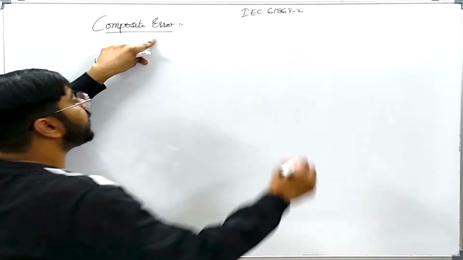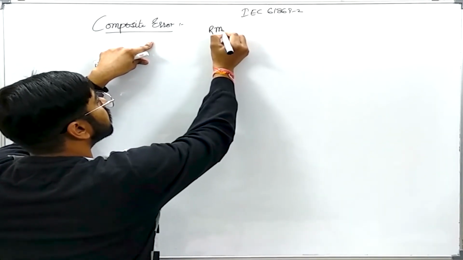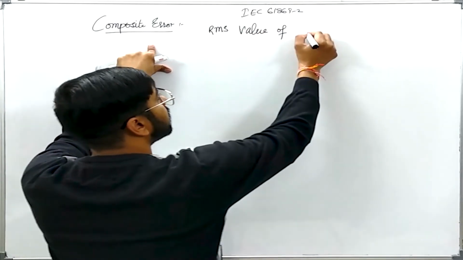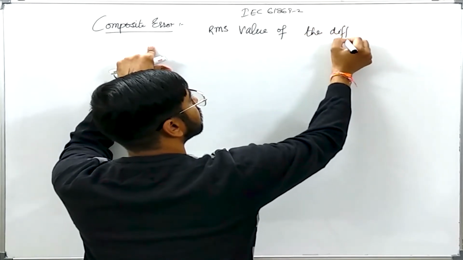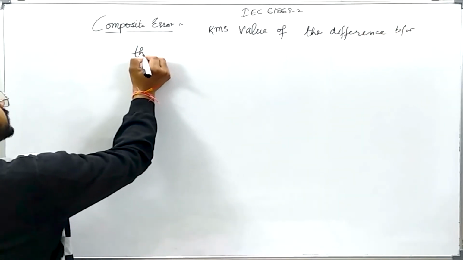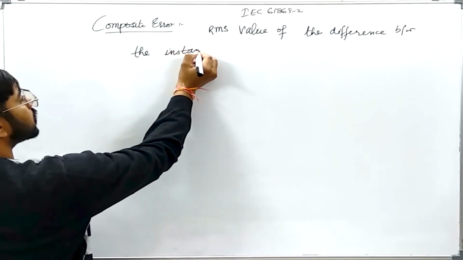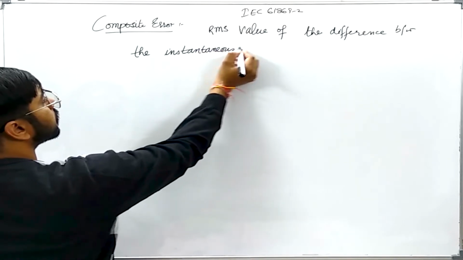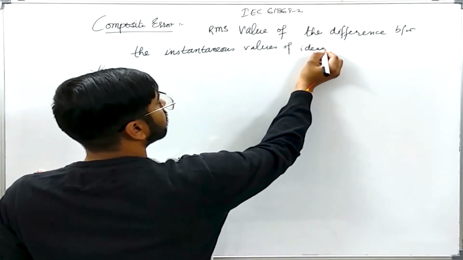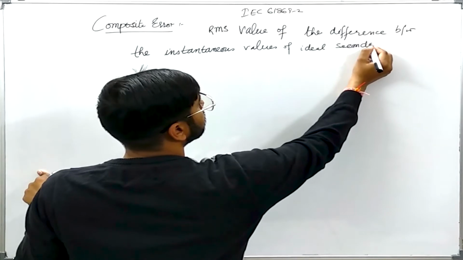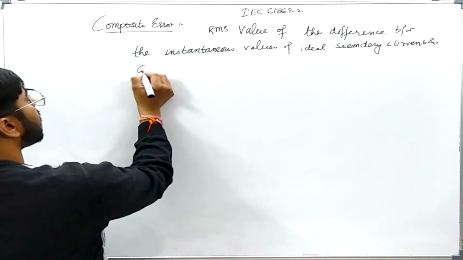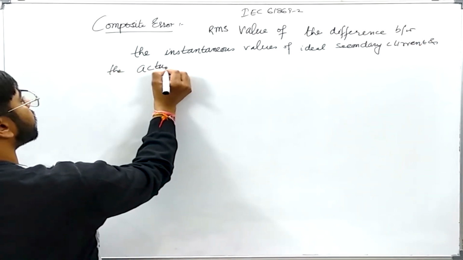What does it mean? It means it is the RMS value of the difference between the instantaneous values of the ideal secondary current and the actual secondary current.